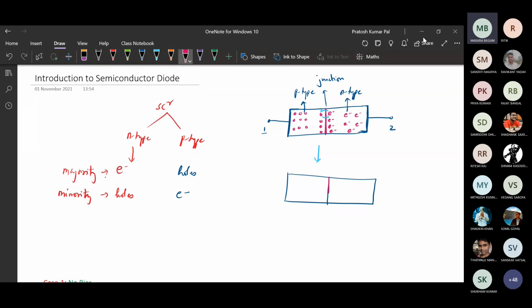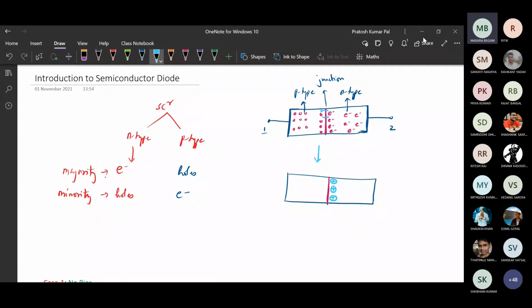So this is the junction. Once an electron moves to combine with a hole, or a hole moves from its position to combine with an electron, the electron will leave behind a positive charge. Similarly, the next electron also moves and leaves behind a positive charge.